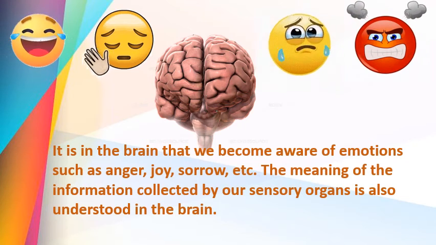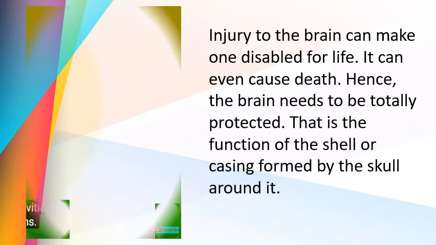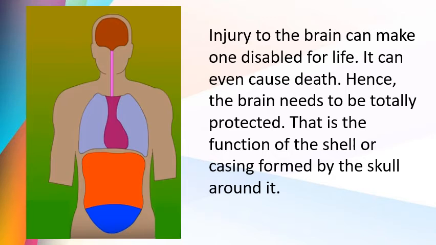Injury to the brain can make one disabled for life. It can even cause death. Hence, the brain needs to be totally protected. Just as our heart and lungs are protected by the rib cage, our brain is also protected.